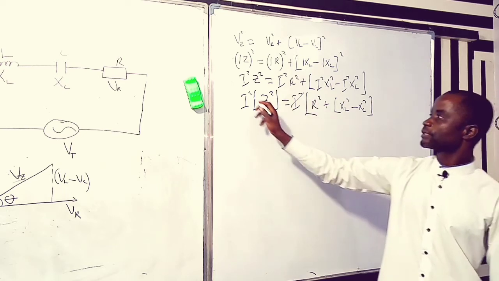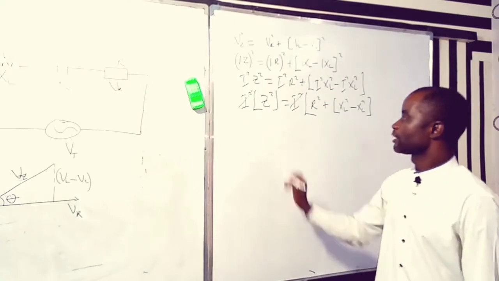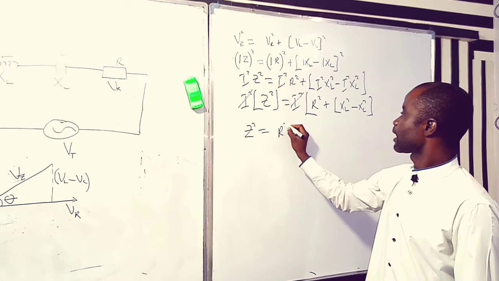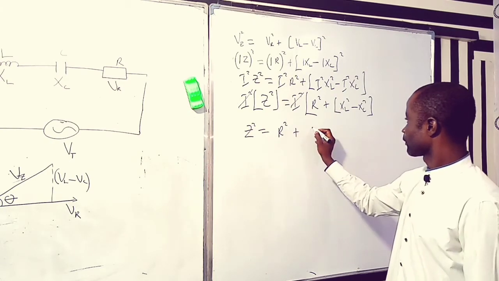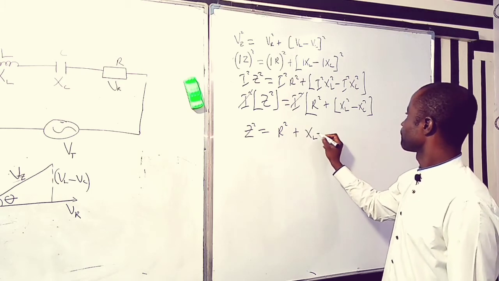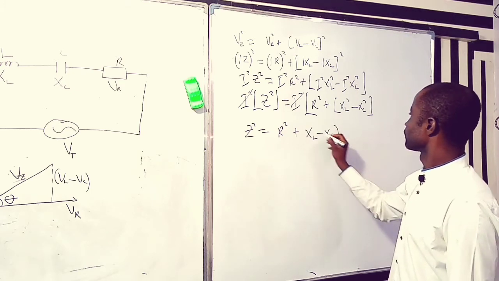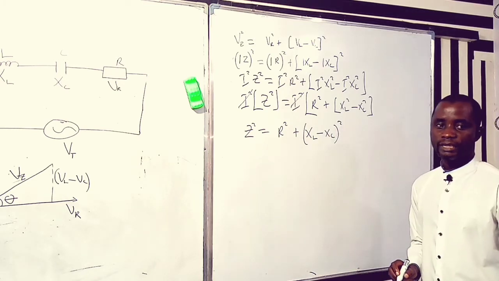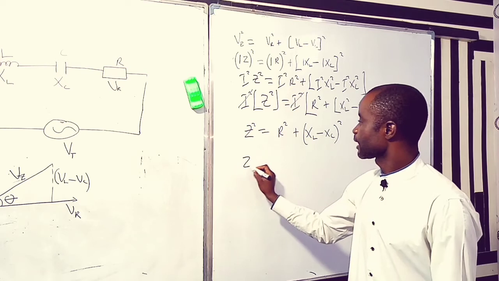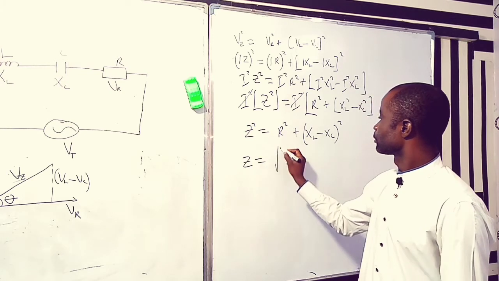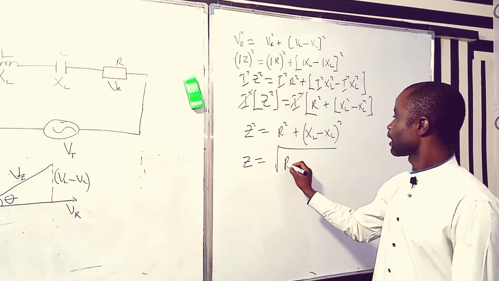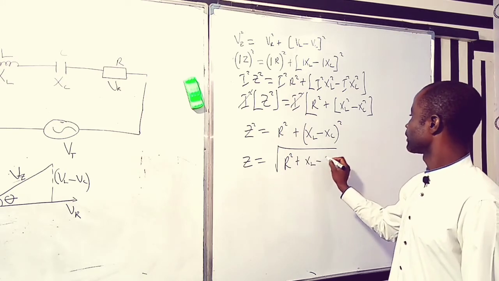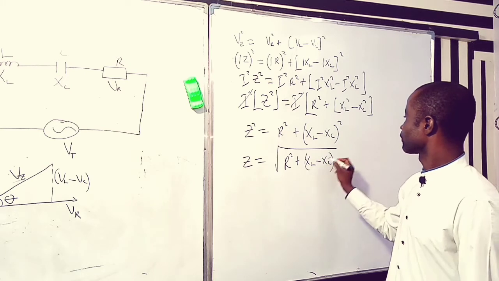Therefore current goes away. At the end of the day, we have Z square is equal to R square plus XL minus XC square. Now take the square root of both sides. You have Z now equal to root of R square plus XL minus XC square.